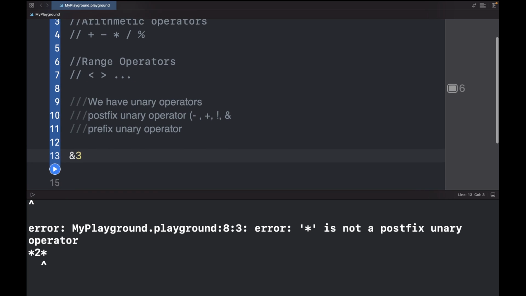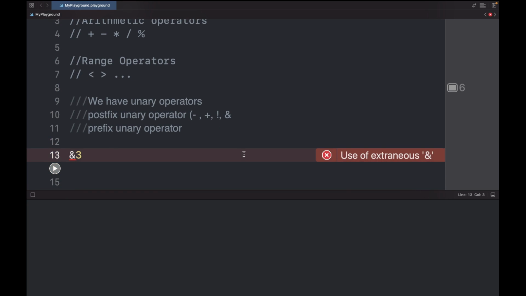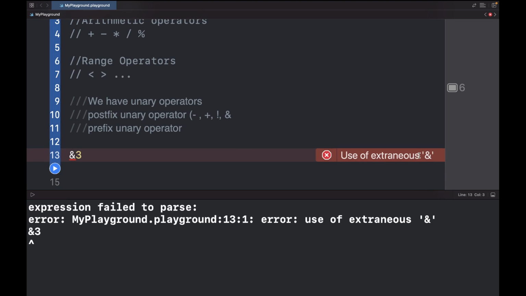Okay, use of extraneous. So the thing is, the compiler agrees that this is a unary operator. That's that one. It agrees, and it can also apply as a prefix unary operator.